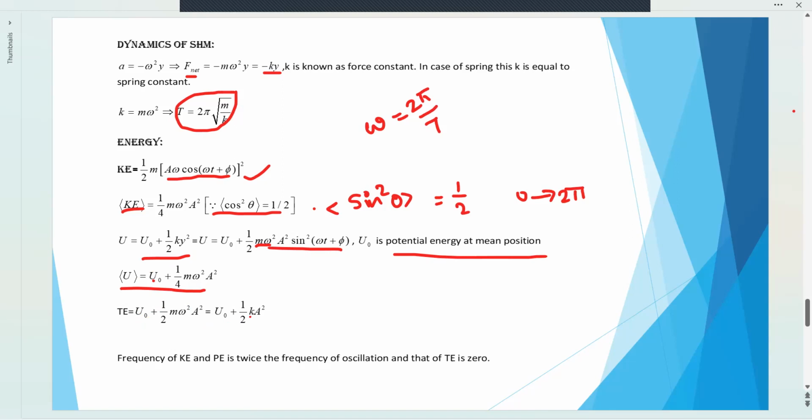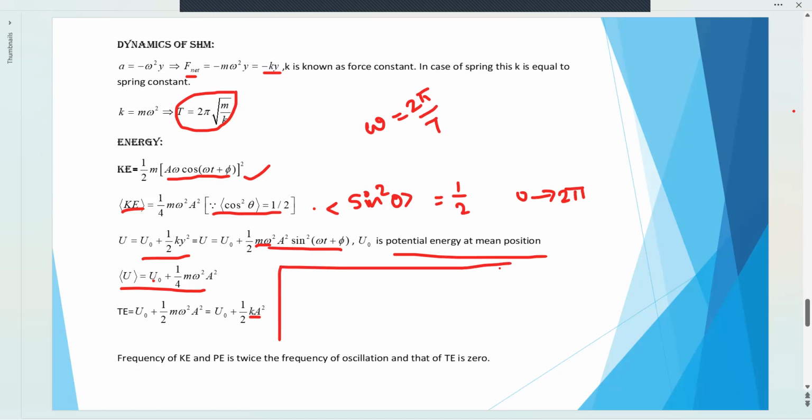So while you are calculating total energy, we have to focus very carefully. What is the k value given? What is the a value given? If the given total energy is not equal to half k a square, you have to understand that the minimum potential energy is not equal to 0. Let us take one small example here.